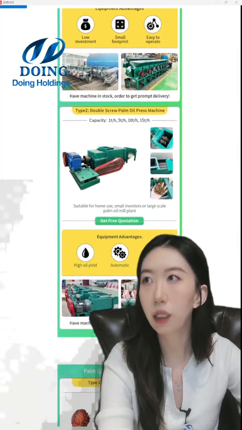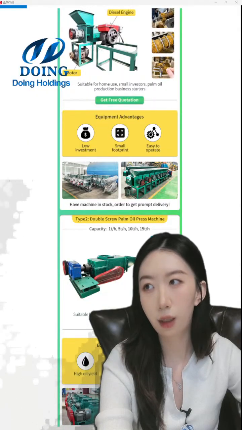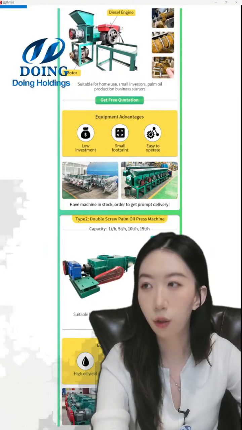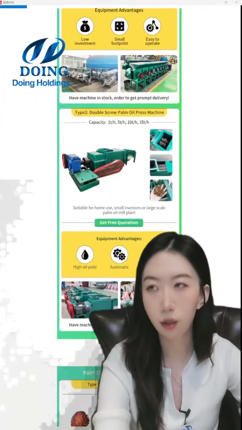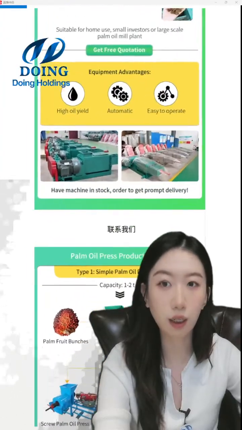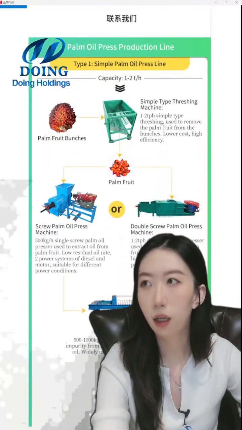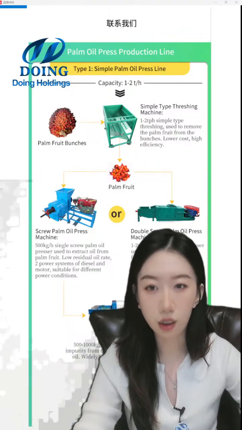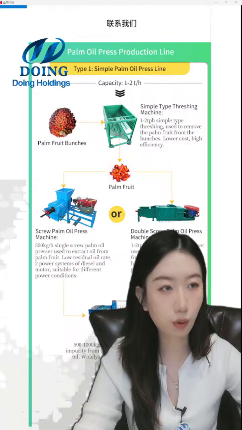And these two types of palm oil presser, we always have machines in stock. So if you need, we can transport it quickly for you. And our company has a branch and warehouse in Nigeria.